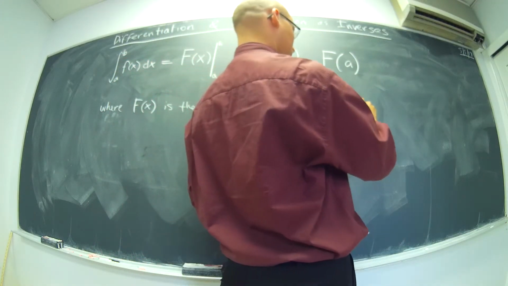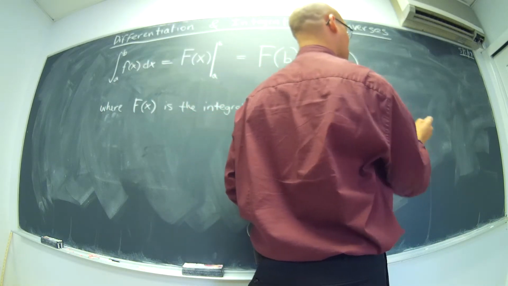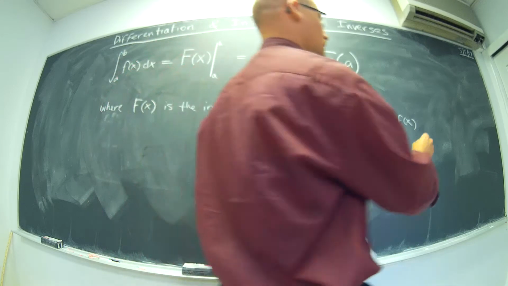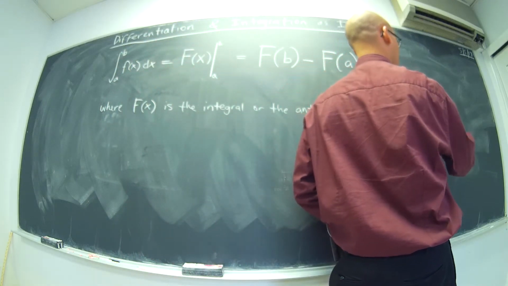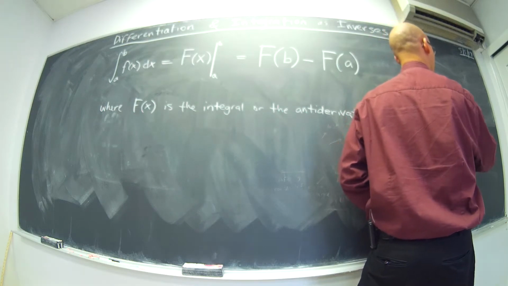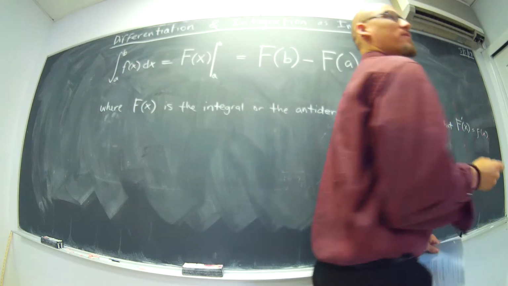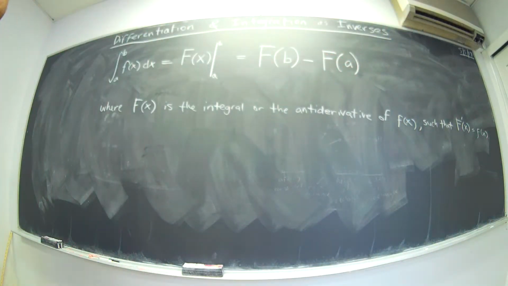Derivative of f of x. We can even say such that capital F prime of x is f of x. The derivative of the antiderivative is the function.